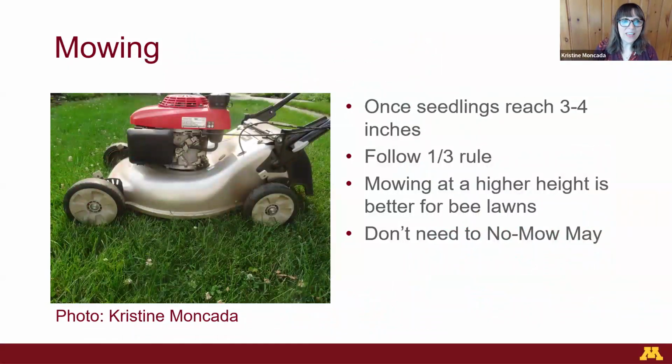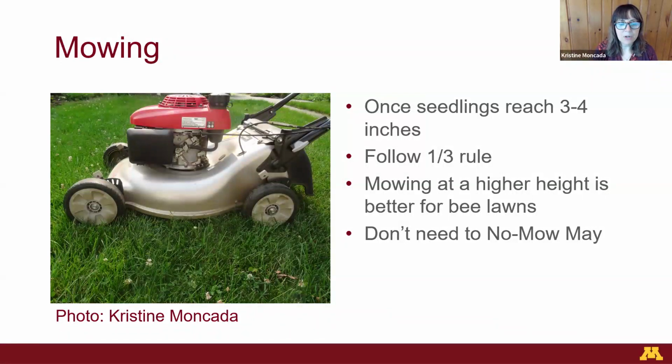Okay, so now that things are established, you want to start mowing. This is very similar to a regular lawn. You want to start mowing once your seedlings reach 3 to 4 inches. You've probably heard of the one-third rule. You never want to cut more than one-third of the herbage or foliage of a lawn at any given time. For bee lawns particularly, you want to mow at a higher height.